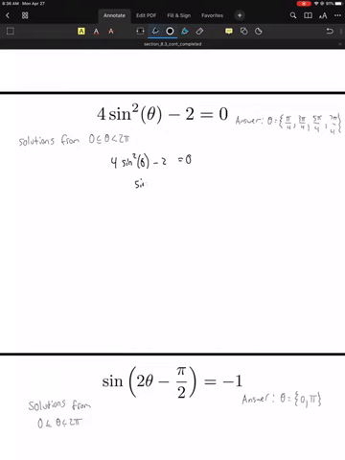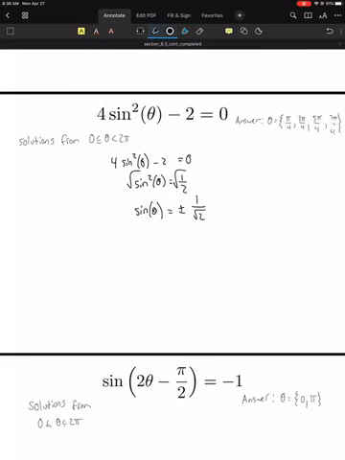With some algebra, I can get down to sine squared of theta is equal to 1/2. If I take the square root of both sides, I get that the sine of theta is equal to plus or minus 1 over the square root of 2.